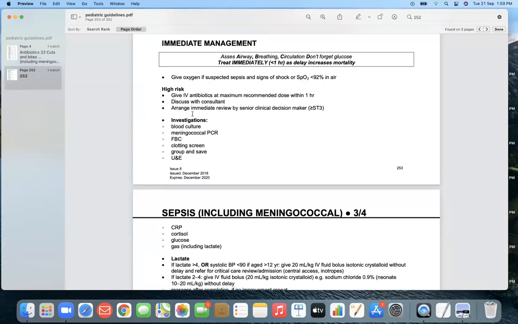Discuss with the consultant, arrange immediate review by a senior clinical decision maker, usually ST4 and above, or at least ST3. The important thing to say here is give IV antibiotics within 1 hour, and involve your consultant as soon as possible.